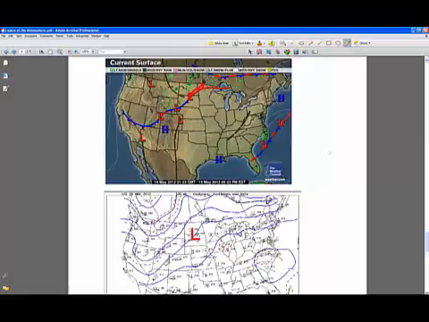So if I'm looking at this, and this surface map is 4:23 Central Daylight Time, so we're at 4:30. If I want to see how far it's going to move in 24 hours, 4:30 tomorrow, May 19th, I would take the speed of the low, 10 miles per hour, and multiply it by 24 hours.